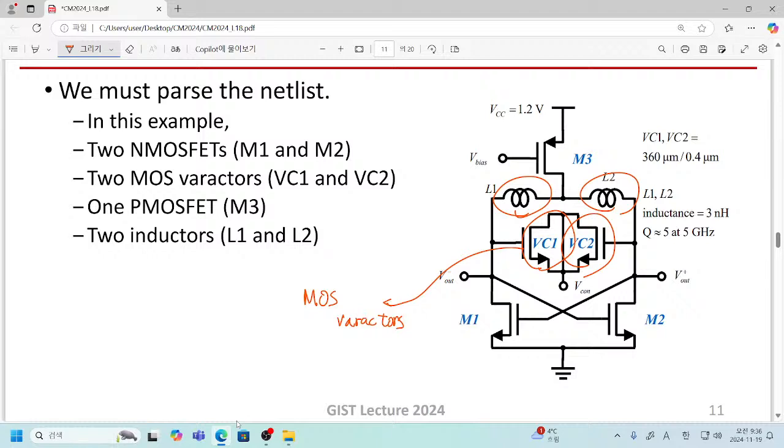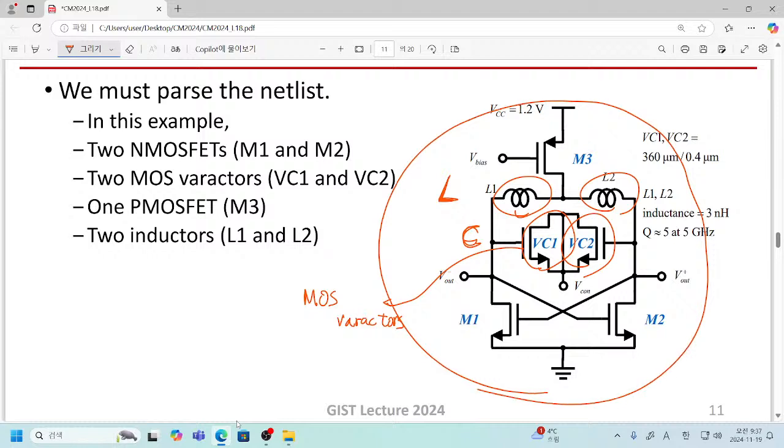So anyway, you can find that it has two inductors and two capacitors, and by using these two LC pairs, we can construct a simple oscillator. And we need to analyze this kind of simple circuit. Then how can you treat the TCAD level analysis of this system?